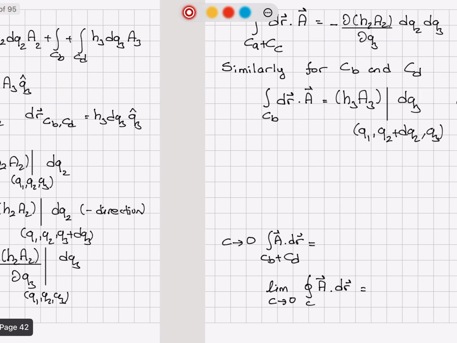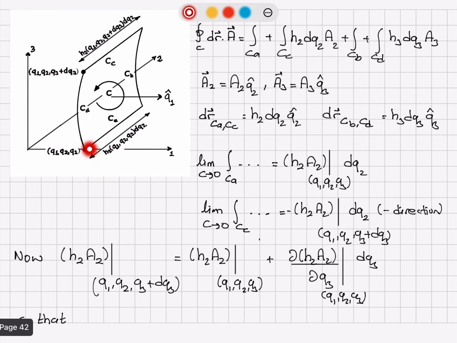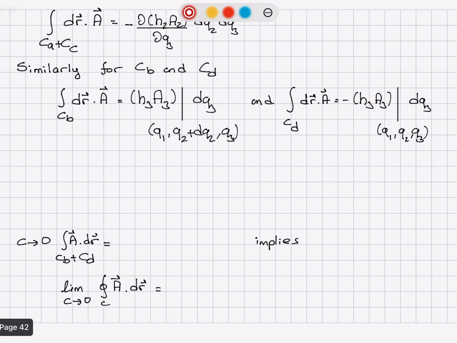So let me check. On D I have this axis, which is H3 dQ3, and I'm going in the negative direction, so it's in minus Q3 hat direction is the orientation of this. So when I take the dot product, it will give me minus H3A3 dQ3 evaluated at Q1, Q2, Q3.